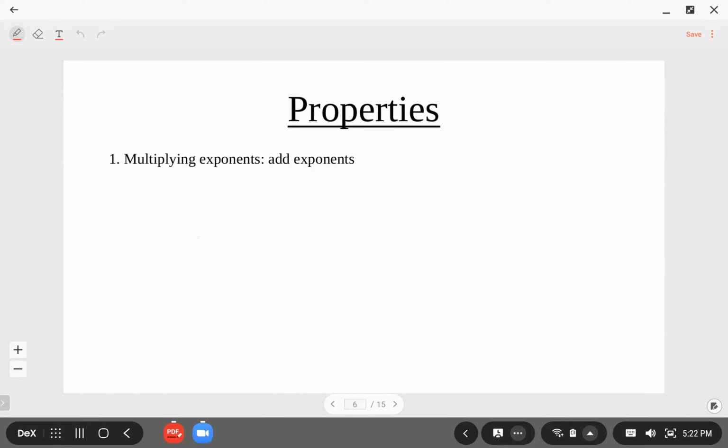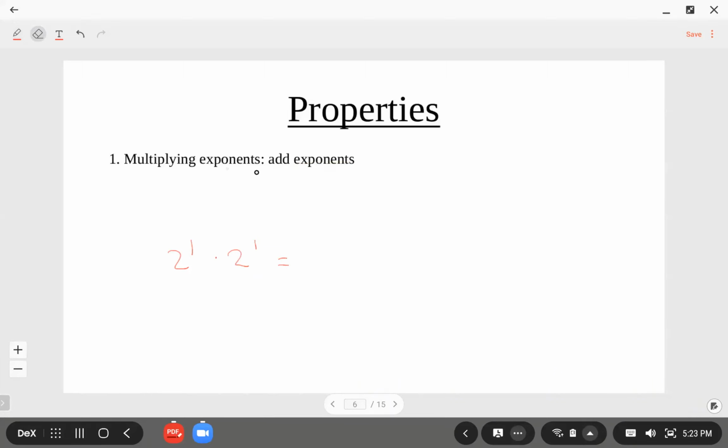So let's do a little example which will help you understand a bit more. 2 to the first power equals 2. What if you multiply 2 to the first power by 2 to the first power again? Here it says add exponents.